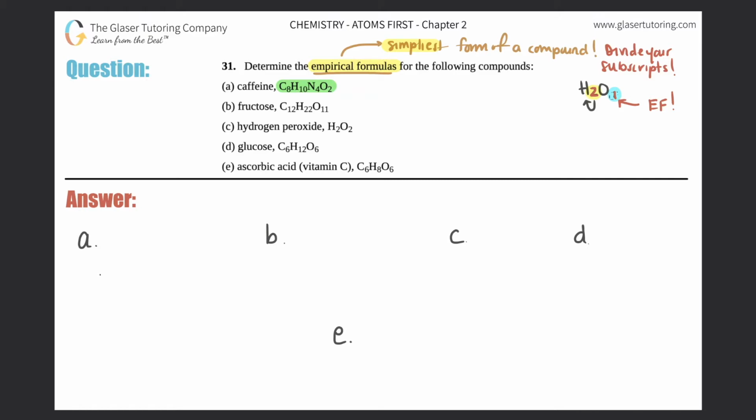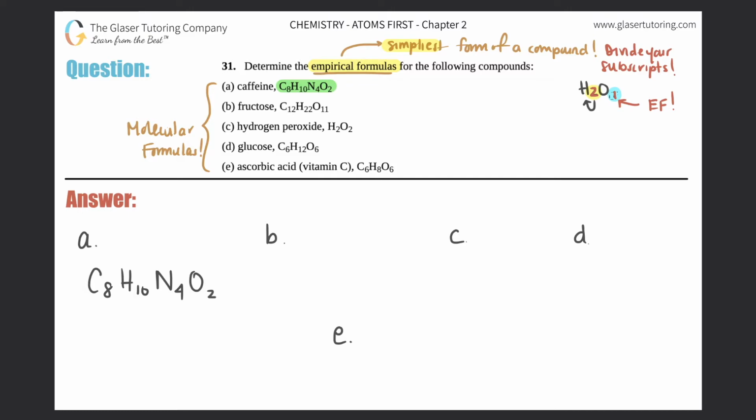So I'm going to write it over here, C8H10N4O2. Now let's see. All of these formulas that they gave you are molecular formulas, right? These are the formulas that are given, and you can always transfer a molecular formula into its empirical formula by looking at the subscripts.